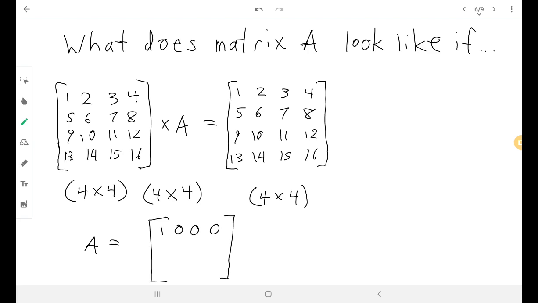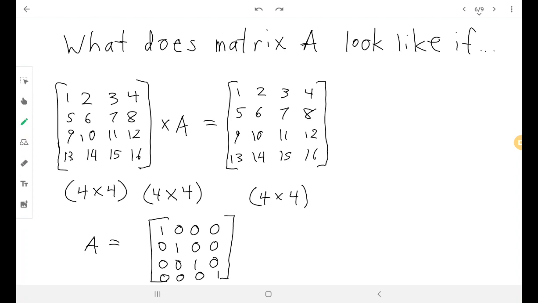In the second row, you would have a 0, and then a 1, and then a 0 and 0. The third row, you would have a 0, 0, and a 1, and a 0. And the fourth row, you'd have 0, 0, 0, 1.